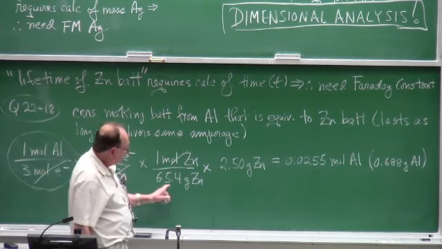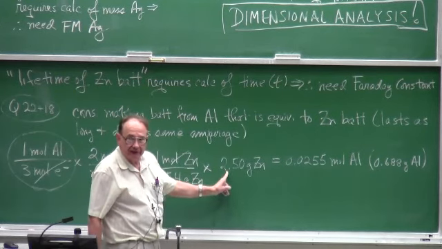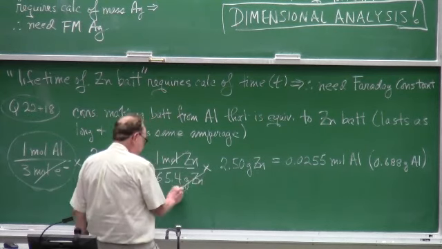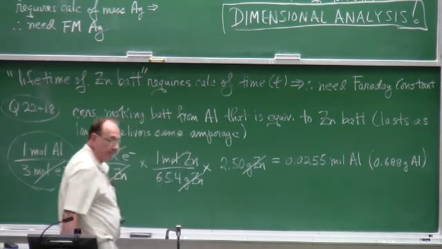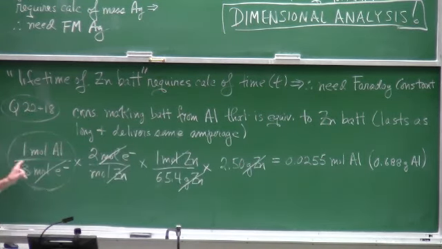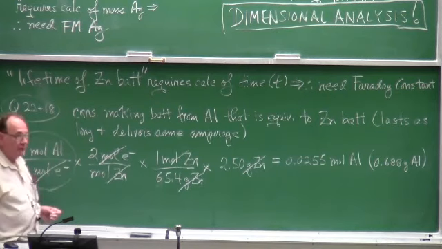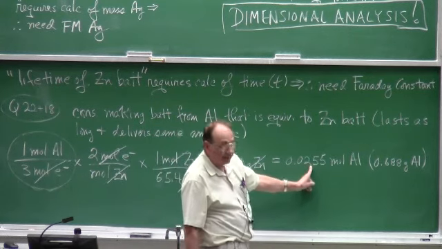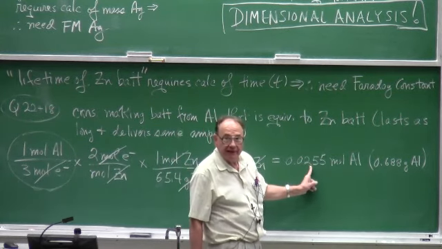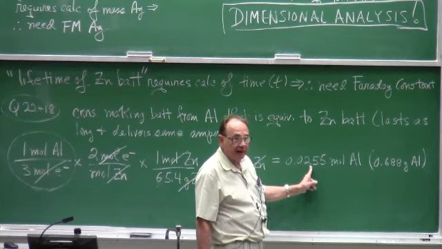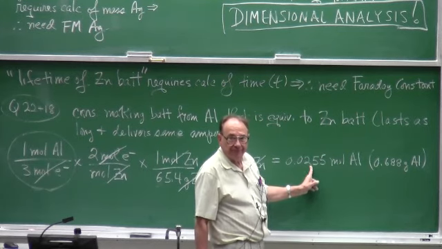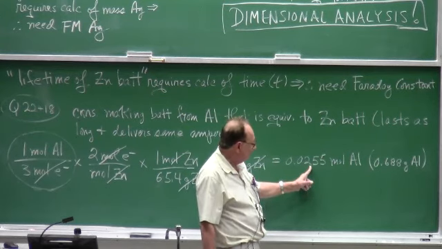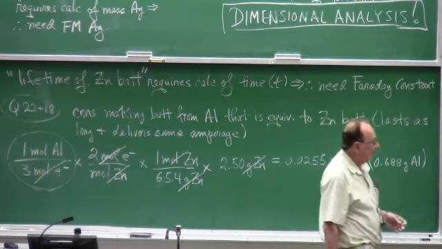And now, by simply multiplying by the quantity of zinc from which the battery originally described was manufactured, I have calculated a mole quantity of aluminum, which is electrochemically equivalent to 2.5 grams of zinc. There it is. And if I want mass of aluminum, just multiply this by the formula mass of aluminum, which is 27.0 grams per mole. That'll give you 0.688 grams of aluminum.